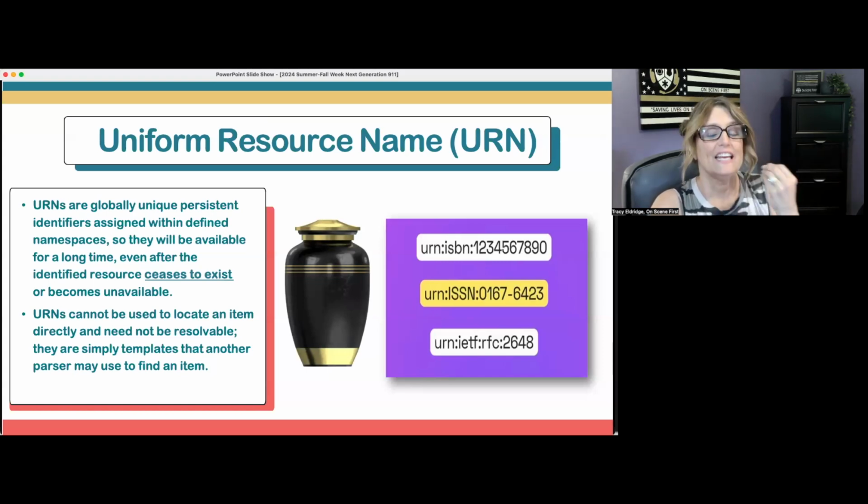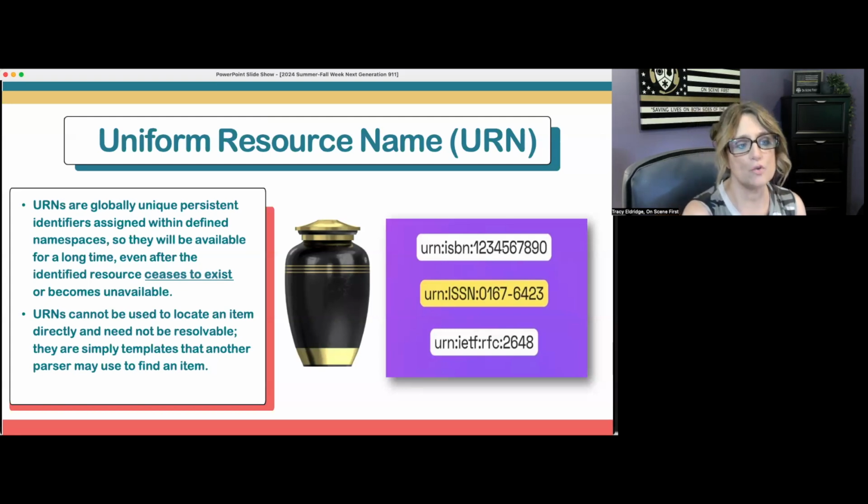Urn. This is my connection to understanding that it is a name that is identified with a number that is specific to something that will allow it to be located even after it ceases to exist or becomes unavailable.